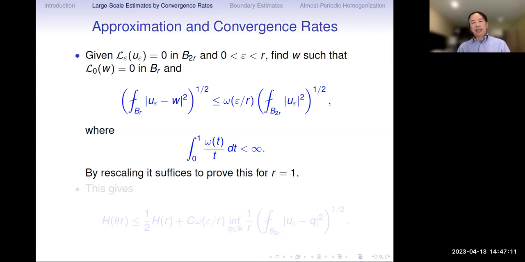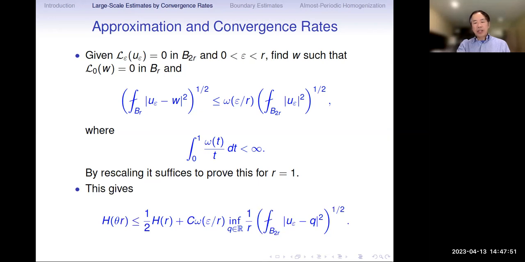So I expect that when you measure u epsilon minus W and take the L2 average, this is small. So this is kind of a convergence rate. And this just tells you that in a general scheme, I want the rate to be at least Dini. So any power of epsilon would work. And you can always do rescaling in this setting, so it suffices to prove some convergence rate in a ball of radius 1 there. All right.